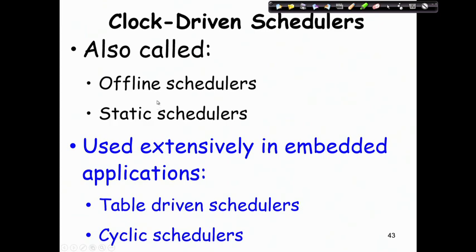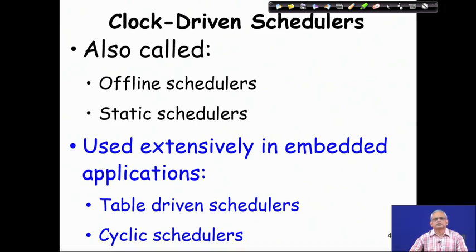These clock driven schedulers are also called offline schedulers or static schedulers, because the task set to be handled is known beforehand. It cannot handle sporadic, aperiodic tasks. Only the periodic tasks which are known beforehand, whose period and execution time are known, are handled.